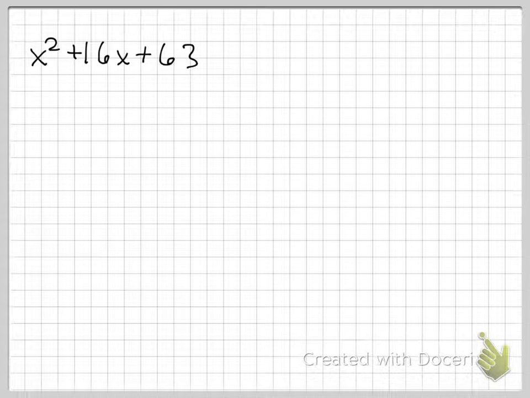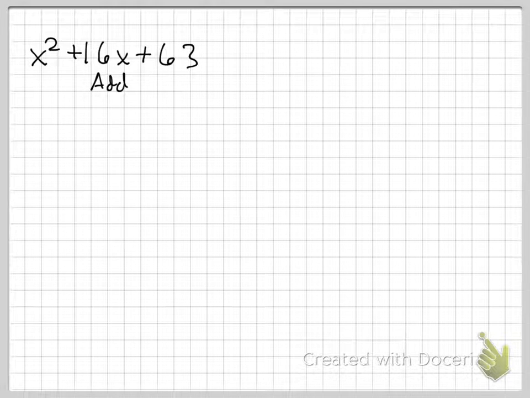Let's go to x squared plus 16x plus 63. We want to see if our pattern holds up. So what are we looking for? What numbers do we want to add and multiply to?